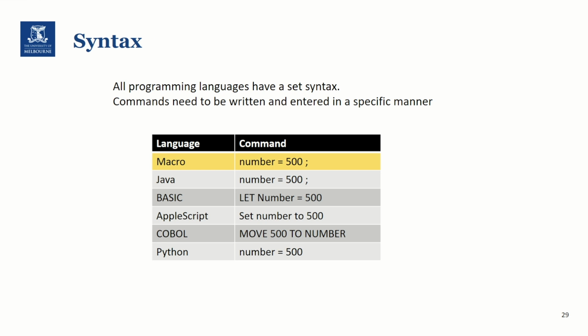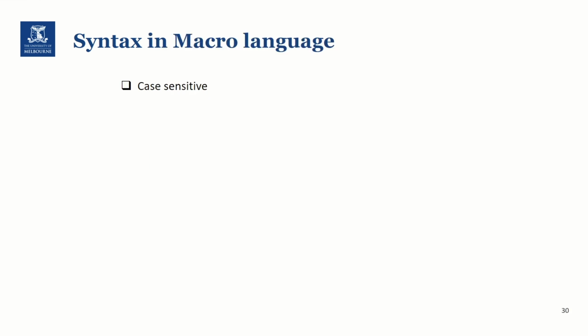In this table, you can see that the same process, such as assigning a value of 500 to the variable named number, is written differently in different languages. ImageJ macro language is based on Java, so it follows the same syntax. The most important thing to know for ImageJ macro language syntax is that the macro language is sensitive to the case of the characters.